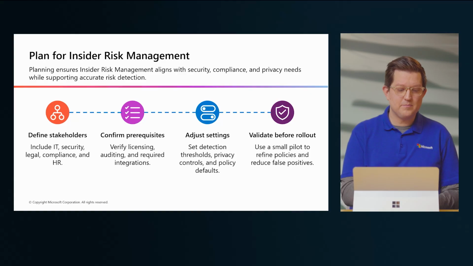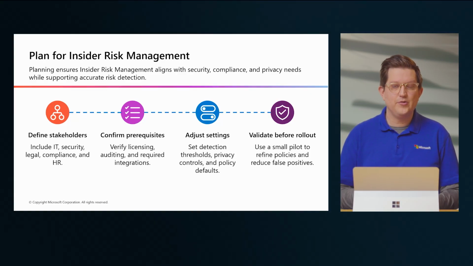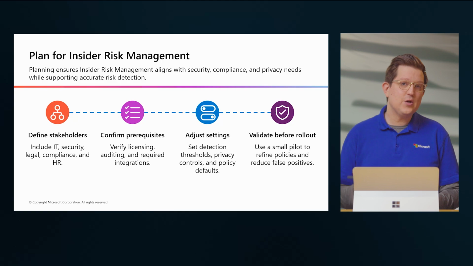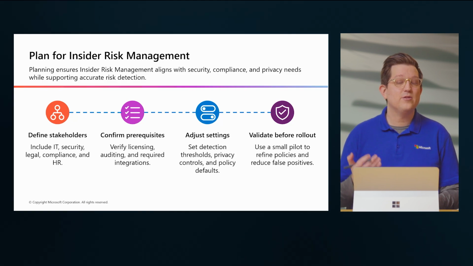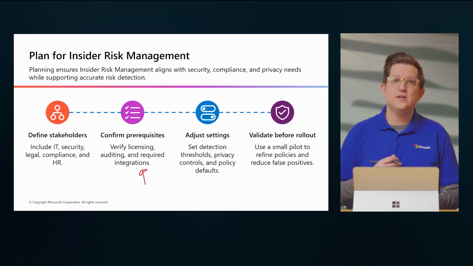Now, from a prerequisite perspective, IRM functions entirely on signals. You need to ensure that signals are being fed in, or else we can't actually action these policies. The more data we can provide to insider risk management, the more accurate it will be in determining that a threat has potentially arrived. Make sure you've got the licensing confirmed.